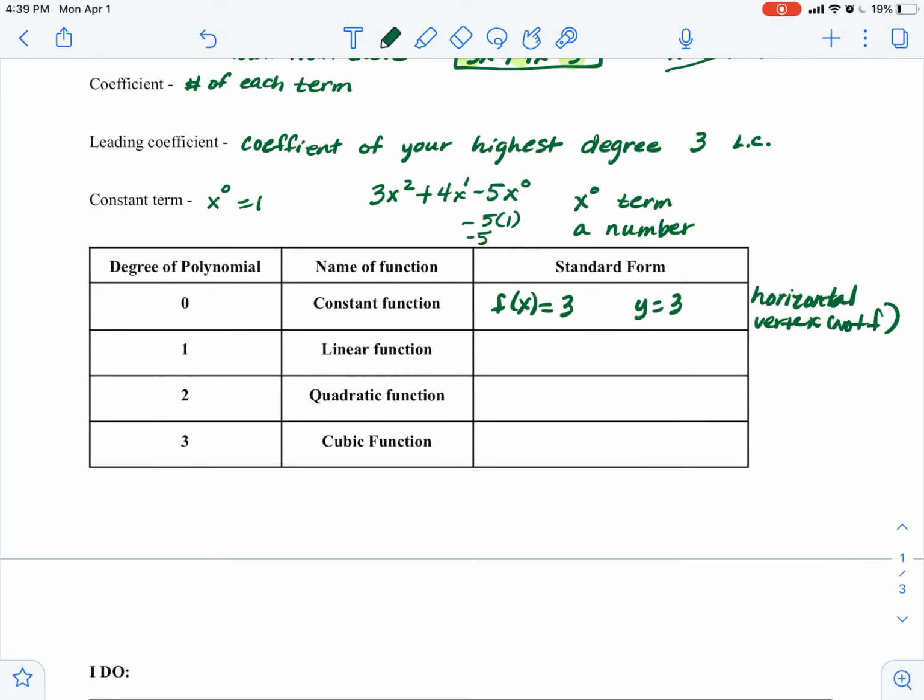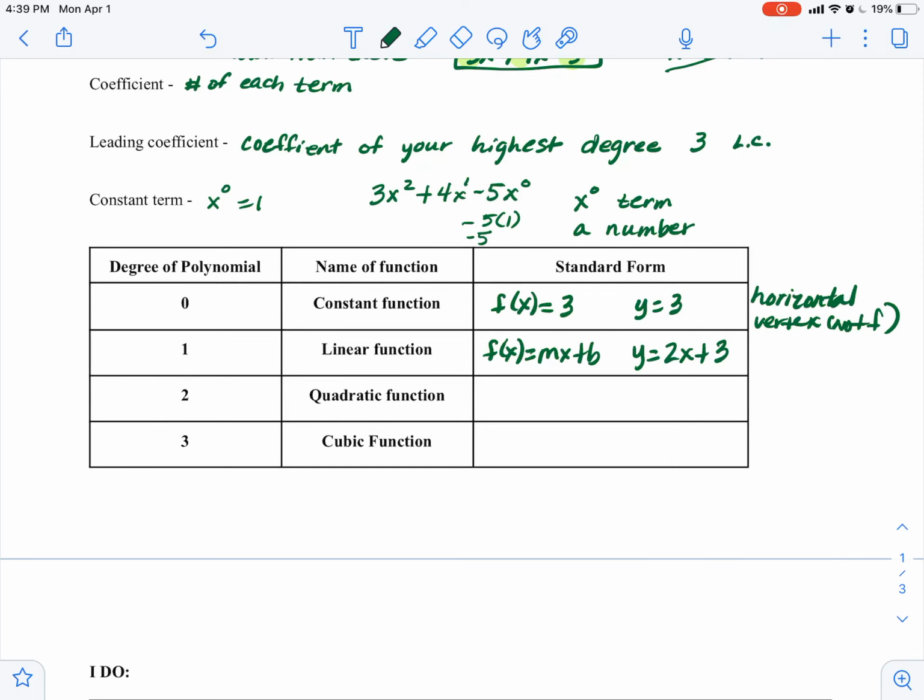The next one is your linear function. That's the one we've seen before, or linear equation. mx plus b, if you want to think of it that way. I'll just go ahead and write that in here. But an example might be y equals 2x plus 3. Okay, that would be our linear function.